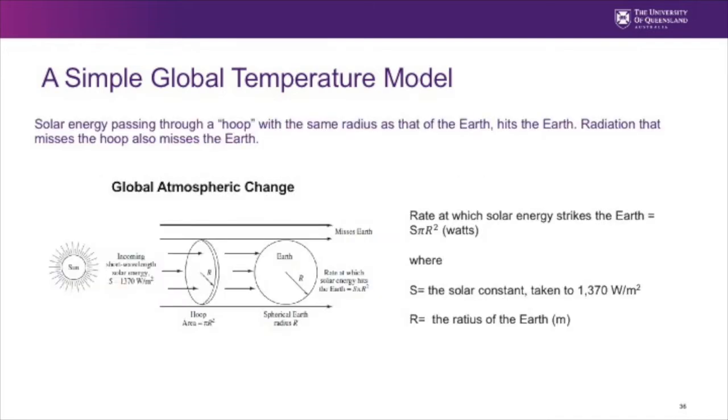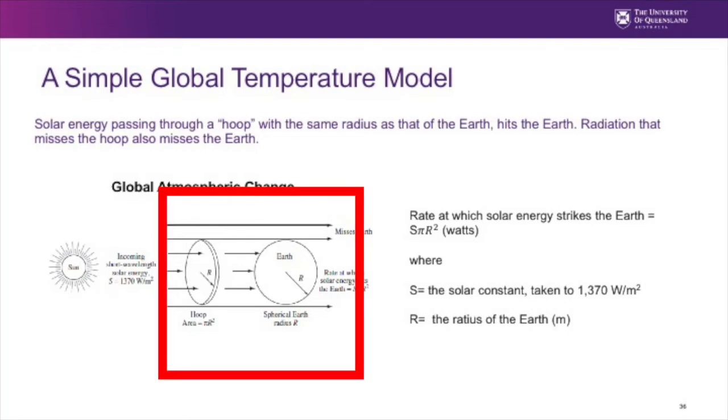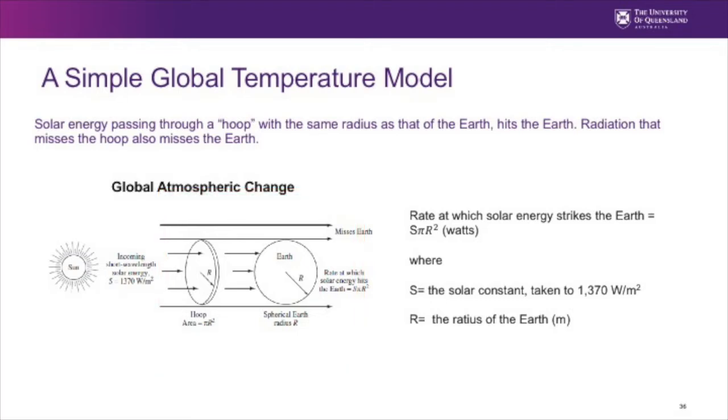So we're going to start by looking at how much radiation from the sun arrives just outside the Earth's atmosphere. This is an average of the solar intensity, and it is called the solar constant. It's been determined to be 1,370 watts per square meter. A simple way to calculate the total rate at which energy hits the Earth is to know that all the flux passing through a hoop having a radius equal to that of the Earth and placed normal to the incoming radiation strikes the Earth's surface.